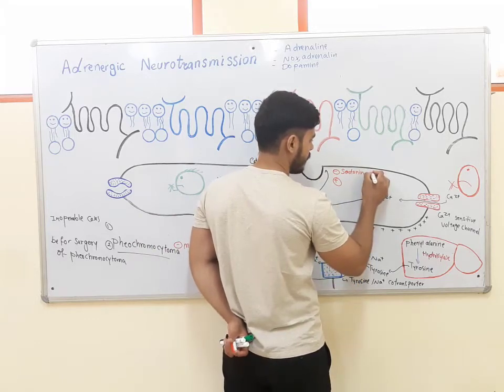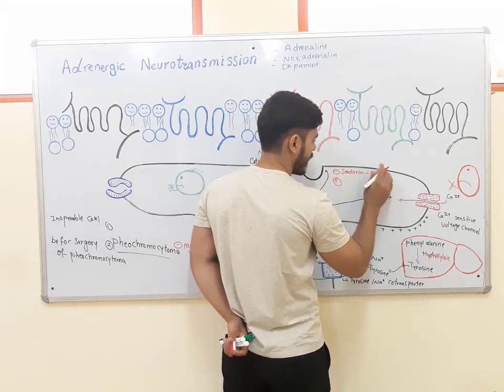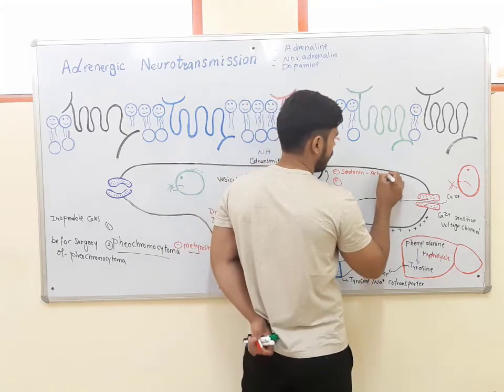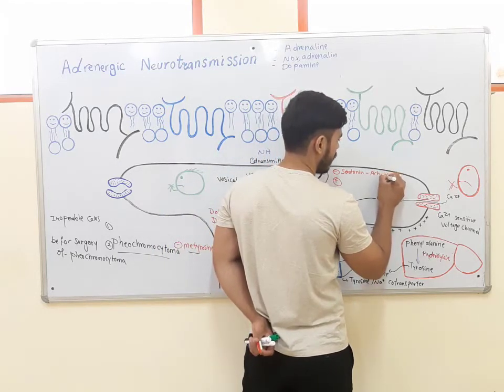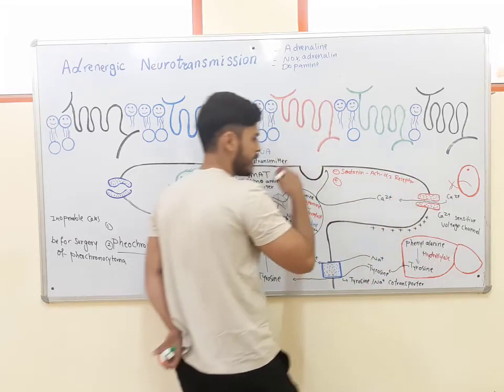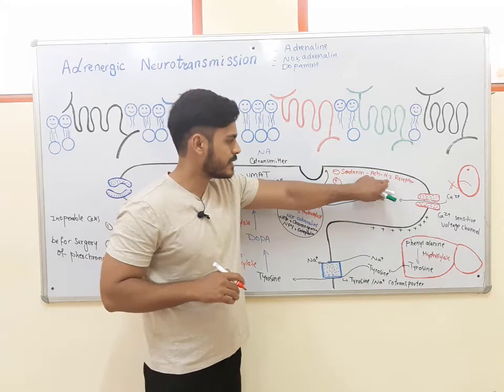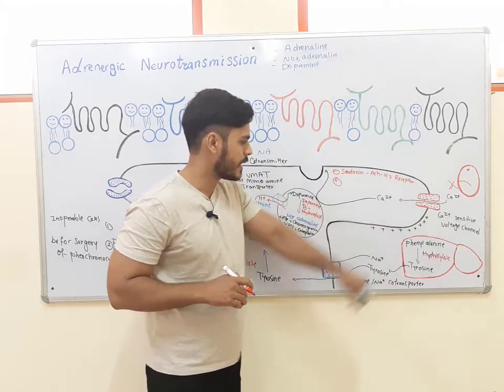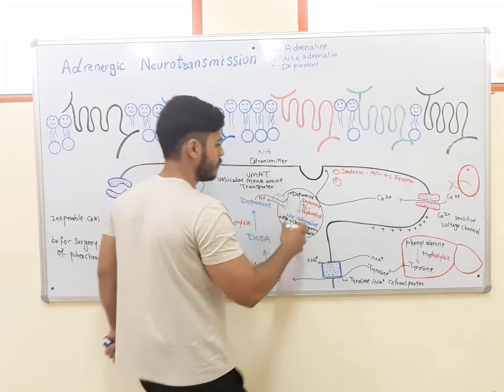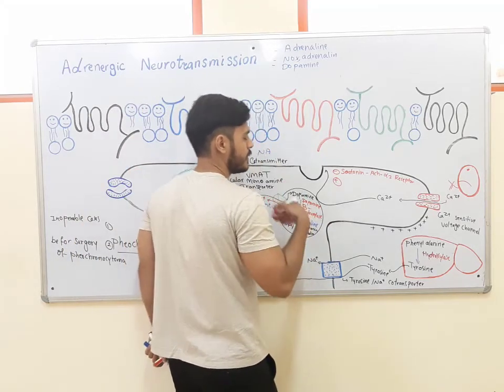For example, acetylcholine, when it binds to the muscarinic receptor, it can inhibit. For example, the alpha-2 receptor of the adrenergic system, when noradrenaline binds to the perisynaptic alpha-2 receptor, it can inhibit the releasing of this noradrenaline into the synapses.